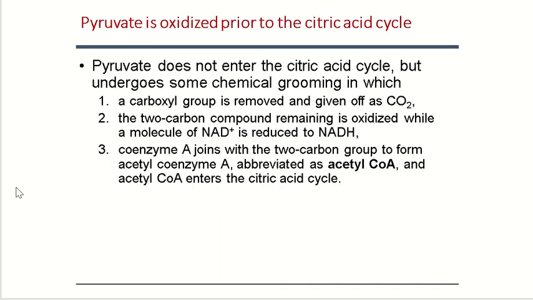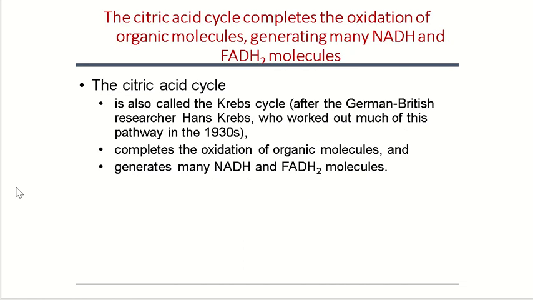So in this particular slide, we have here the detailed steps happening in the oxidation of pyruvate that of course will lead us to the citric acid cycle. So in here we have some general information. Say for instance, another term for the citric acid cycle would be the Krebs cycle, of course, named after Hans Krebs, who worked out much of this pathway in the 1930s. You also have here the complete oxidation of the organic molecule, in this case glucose.